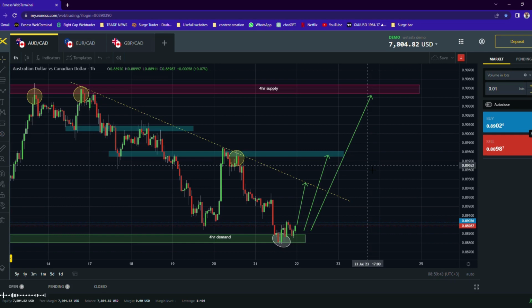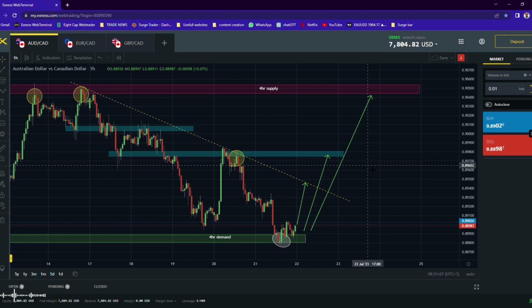So guys, this is the only way you can collect more pips from an entry without adding more orders. Close part of the position and leave the rest running until you see a clear indication of a change in direction, a change to the opposite side of the trend.